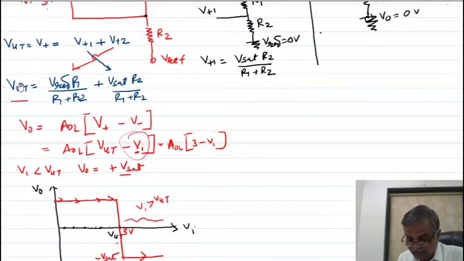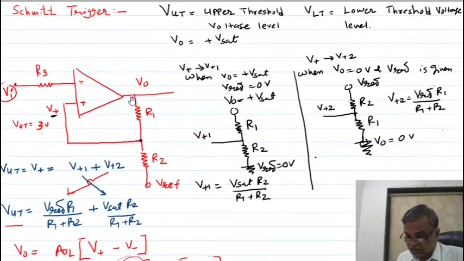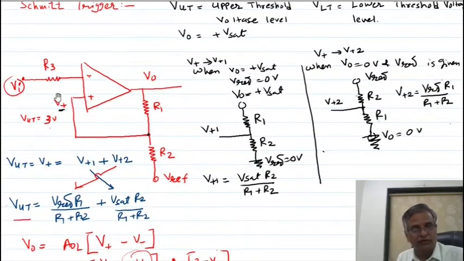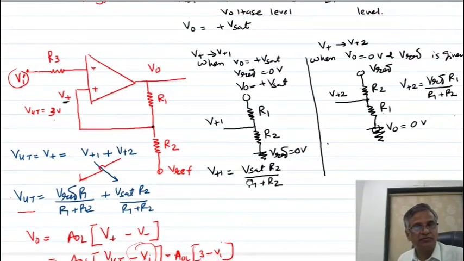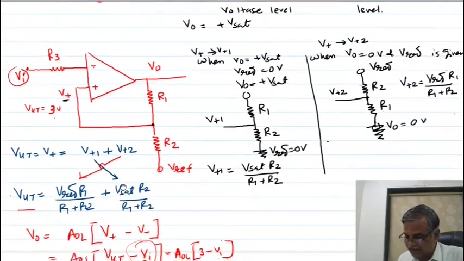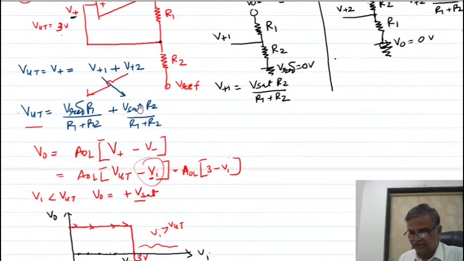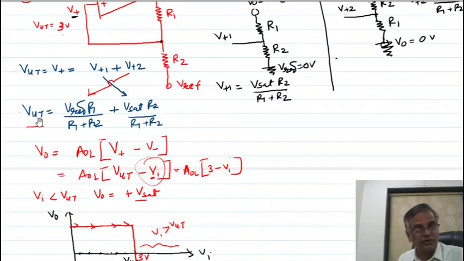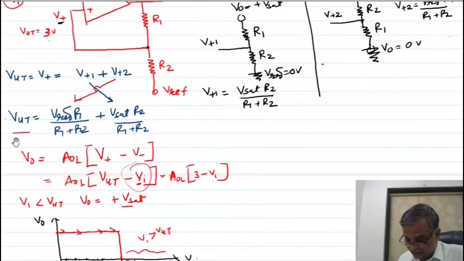As output becomes negative, see initially we have assumed it is positive. As this is negative, my voltage level will be changed. If this is negative, my voltage level does not become VUT, it becomes a lower level. So it becomes lower threshold voltage. So listen again.